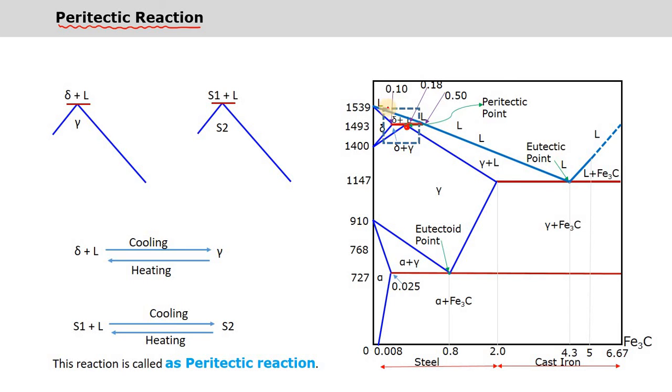Around this point, draw one rectangle like this, and sketch the appearance inside the rectangle. This is the horizontal line, and this is the inverted V.